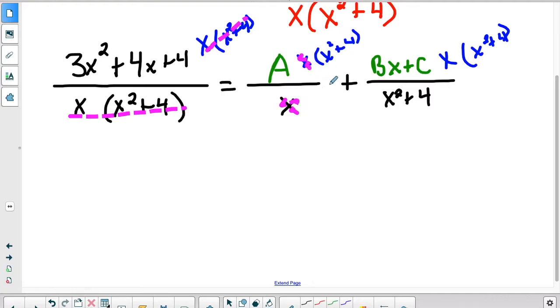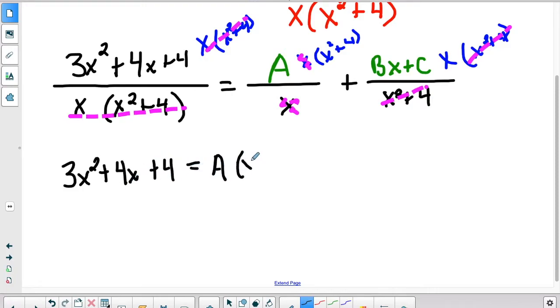X and x squared plus 4, and x squared plus 4. So what we're left with is 3x squared plus 4x plus 4 is equal to A times x squared plus 4, plus Bx plus C, this whole thing multiplied by x.